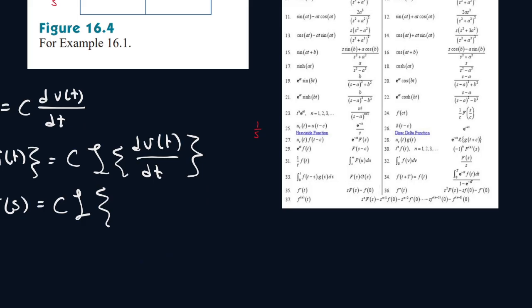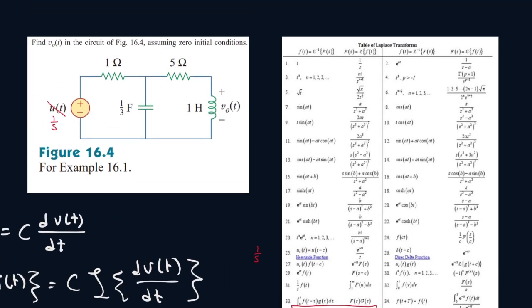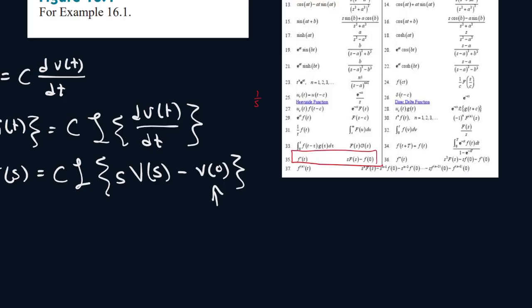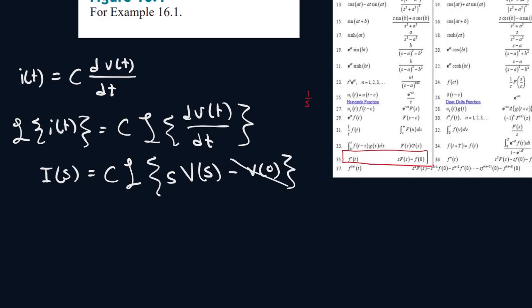We have to follow this one. It's pretty much going to be s times V of s minus V of 0, the initial condition. We're told to assume zero initial condition, so v of 0 is going to be 0. So we can just ignore this.